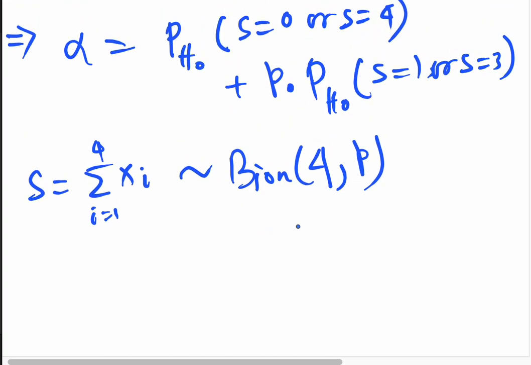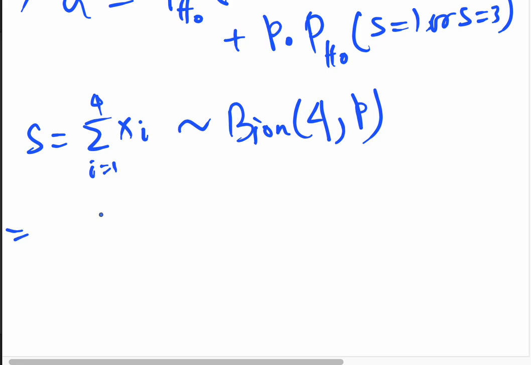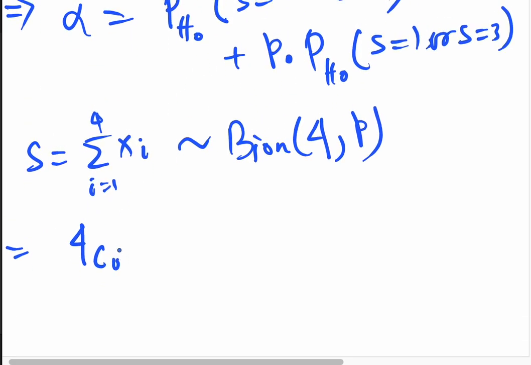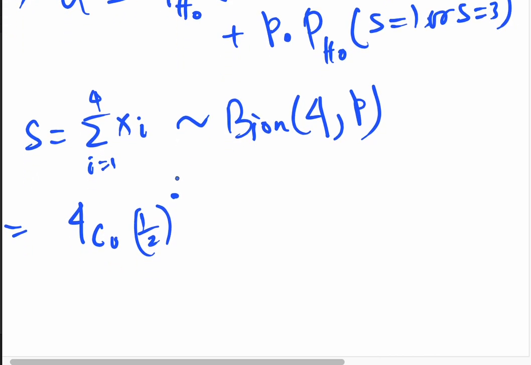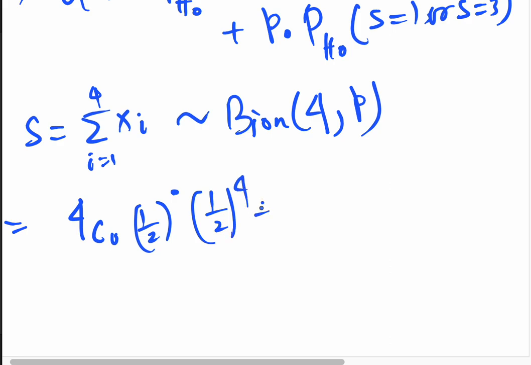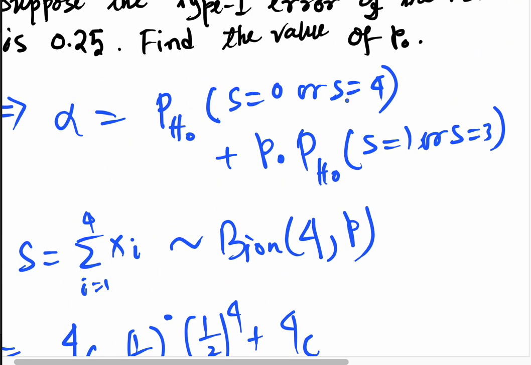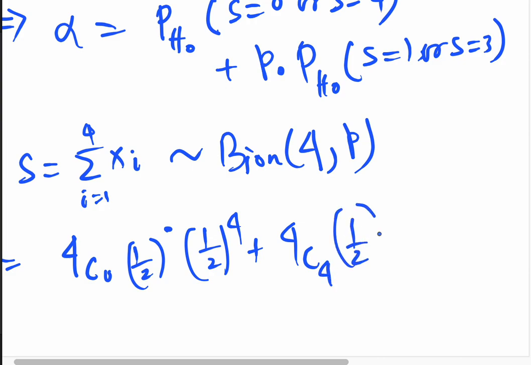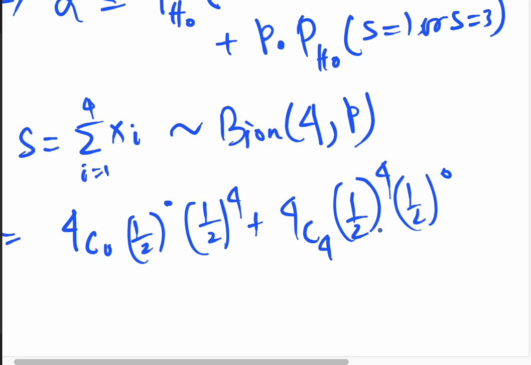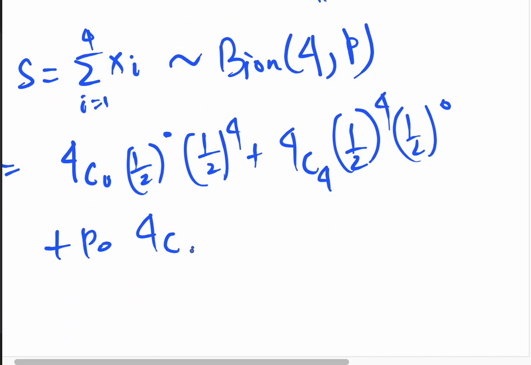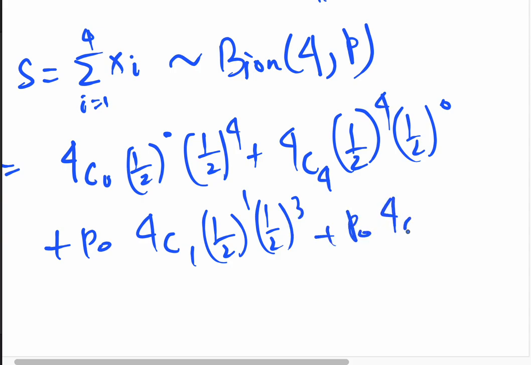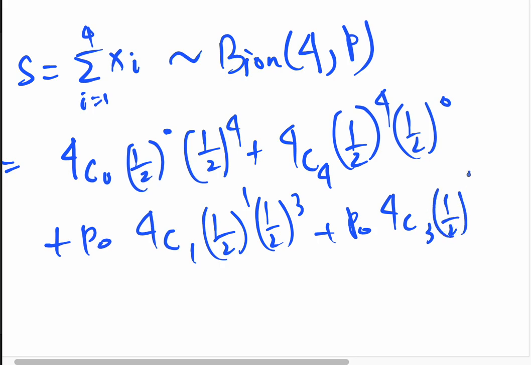Under the binomial distribution and the null hypothesis, where p is half, that will be 4C0 (1/2)^0 (1/2)^4 plus 4C4 (1/2)^4 (1/2)^0 plus p0 times 4C1 (1/2)^1 (1/2)^3 plus p0 times 4C3 (1/2)^3 (1/2)^1.